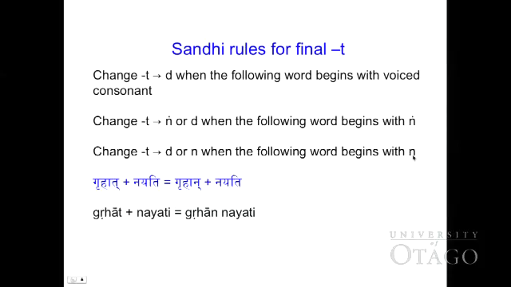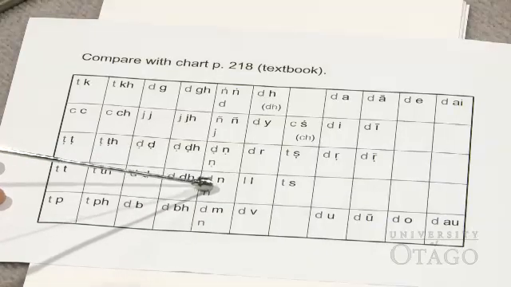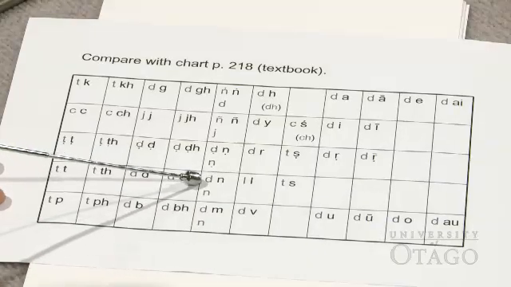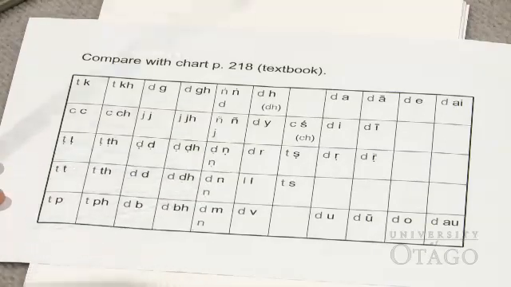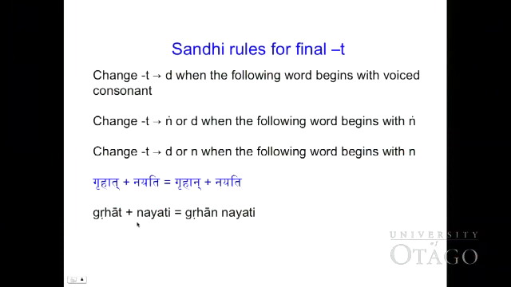Here, it begins with N, so change T to N or na. See example, Karuhat Nayati will be Karuhan Nayati. Change T to N: Karuhan Nayati.